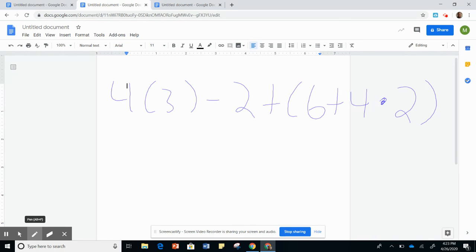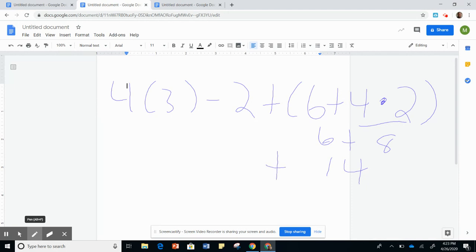According to PEMDAS, multiplication comes before addition. So we want to start 4 times 2, which gives us 8. And then we want to add 6 to our 8, which gives us 14. Now, we could bring down the plus.